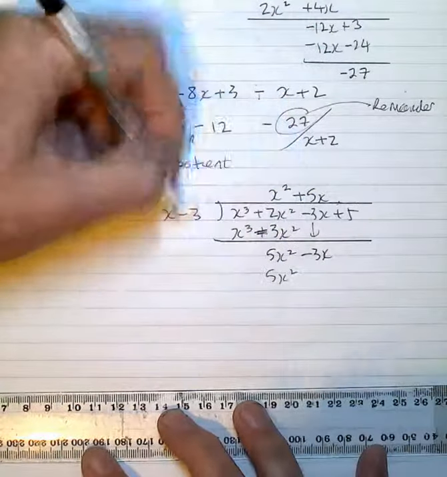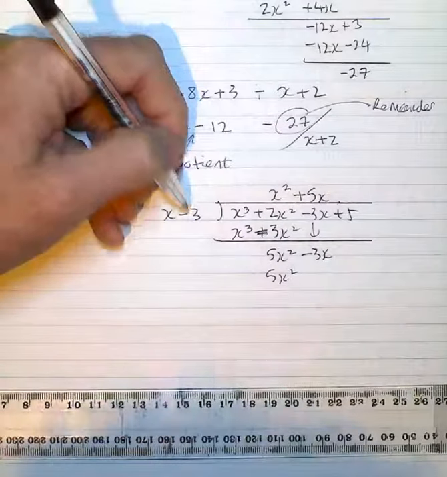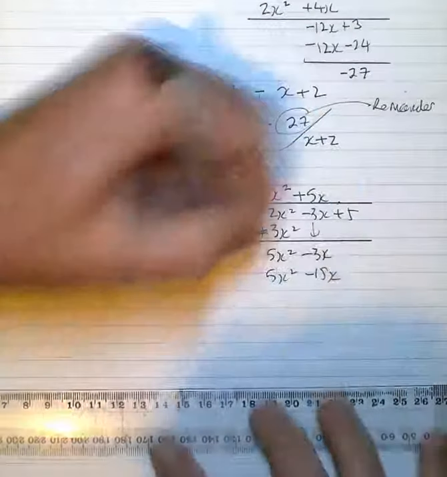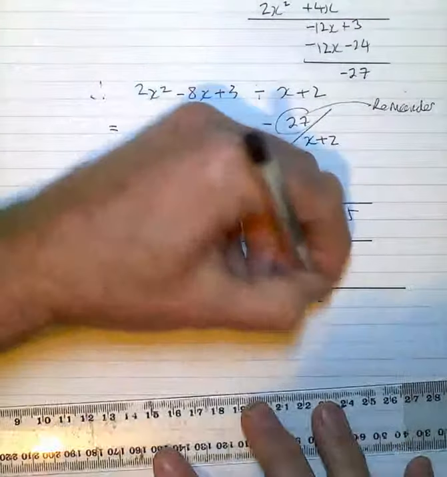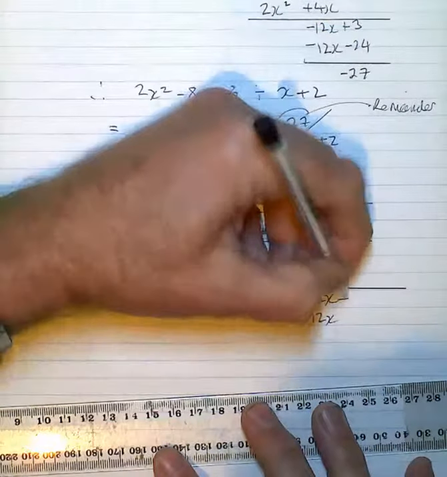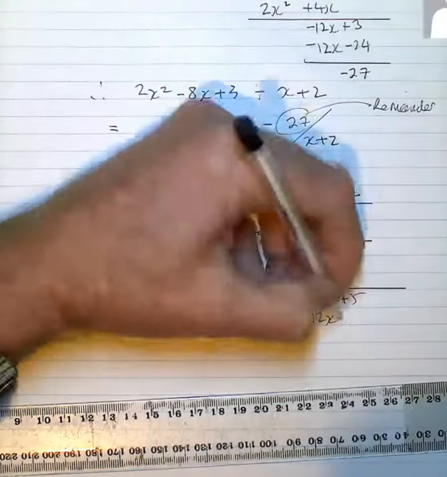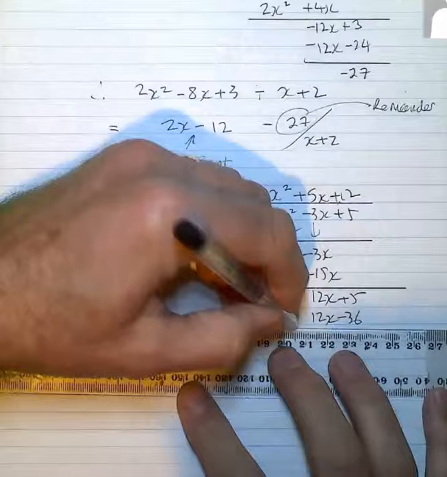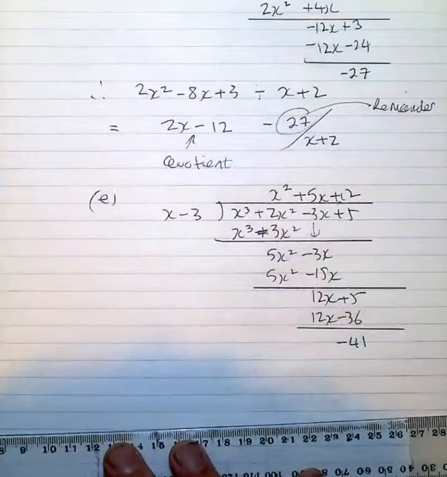So 5x squared. Negative 3 by positive 5 is minus 15x. Subtracting down gives me 12x. So that gives me plus 12 there. And in this case, minus 36. Subtracting down, a remainder of negative 41.